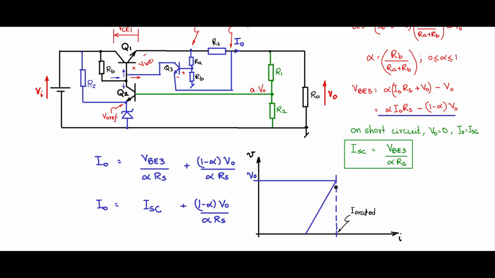You will see that this would be the operating point, ISC, because V naught is now 0. And this is the fold back. So when it was operating at I naught rated and a short circuit happens, you will see that the current that flows will be lesser than the rated, thereby protecting the devices. And this is called fold back current limiting or current protection. An interesting circuit which can be used by you for any series regulator.